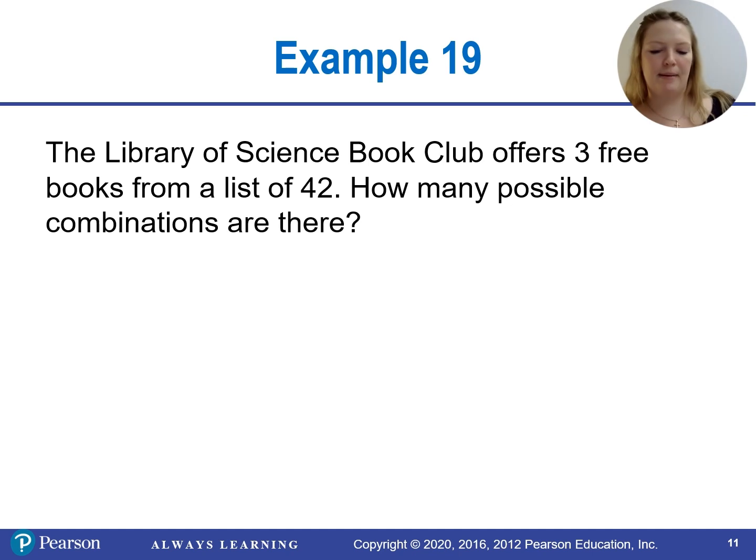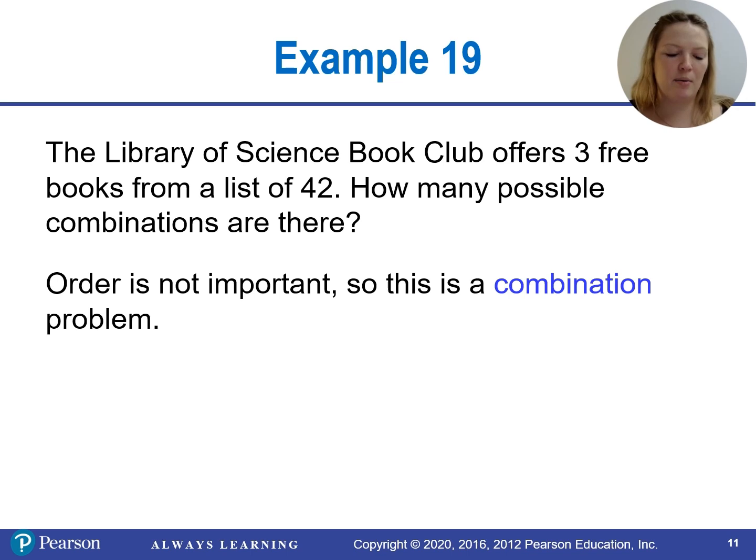Here's an example. The Library of Science Book Club offers 3 free books from a list of 42. How many possible combinations are there? Again, order is not important, so this is a combination problem and not a permutation problem.